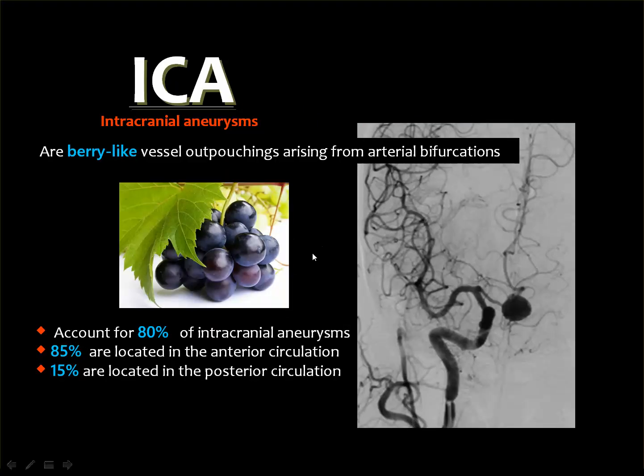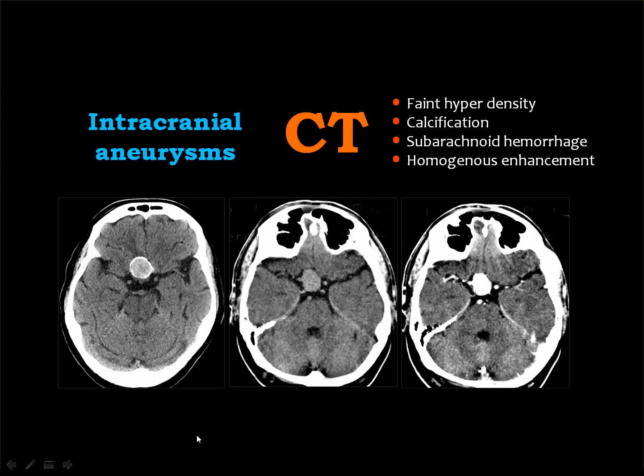The saccular aneurysm is known as perianeurysm, which is like a grape. And the aneurysms, as I have mentioned, 85% occur in the supratentorial or the anterior circulation, and 15% occur in the posterior circulation.